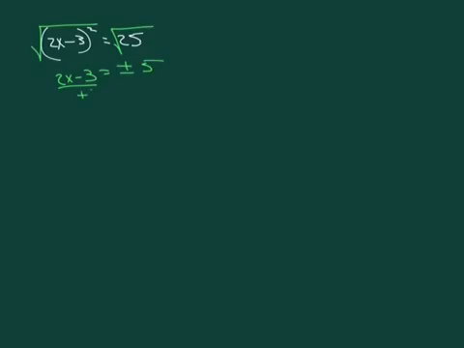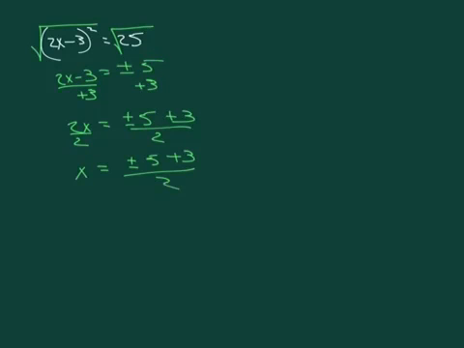So we're going to add 3 here and add 3 here. And what I'm going to do is just write it like that for right now until I get everything over on the left-hand side. So I'm going to divide by 2, divide by 2. So x equals plus or minus 5 plus 3 over 2.